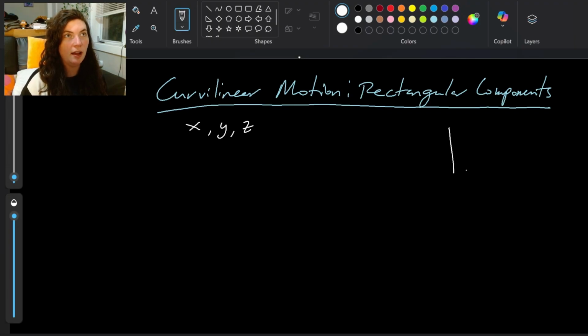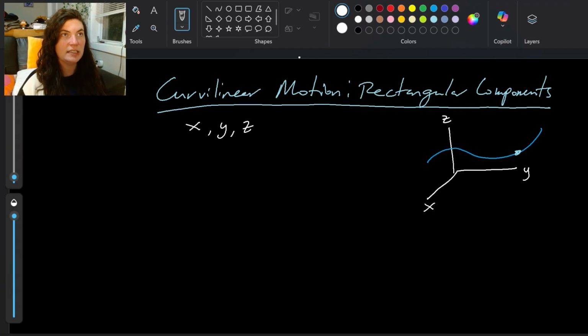So if we have an x, y, and maybe a z, we could just be in an x, y coordinate system or a z, y coordinate system, something in 2D. We could do this in 2D or in 3D. And we have some path of motion that a particle is on.